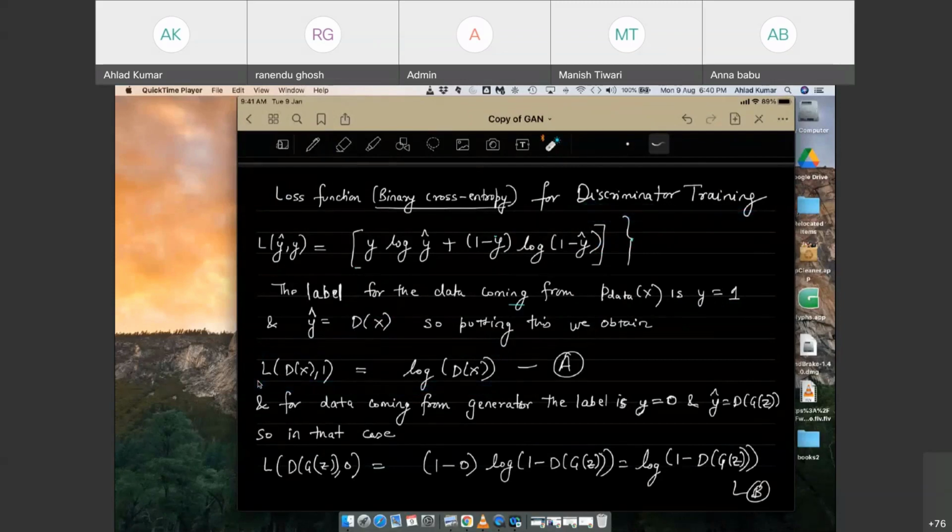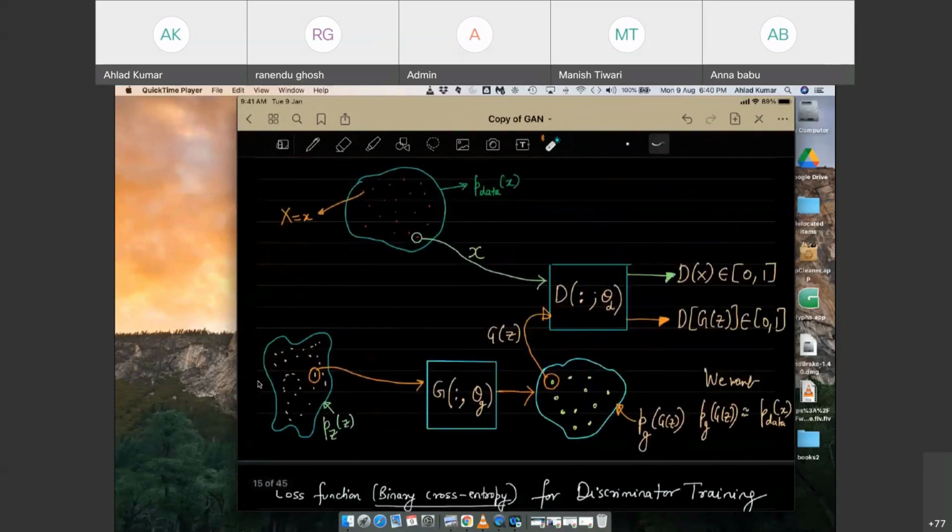Now, what happens if the data is coming from the generator? You know that the data coming from the generator is fake, so y equal to 0 will be there with that. In the discriminator training, y equal to 0 is the label, and the estimated value of y hat coming out of the discriminator is D of G of z, because it's coming from the generator side.